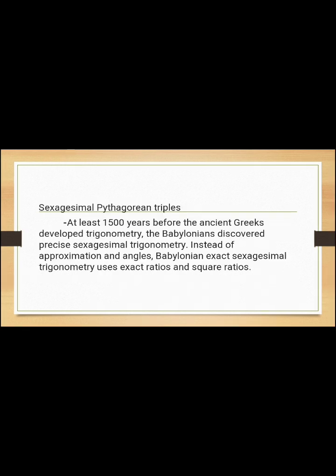And for sexagesimal Pythagorean triples, at least 1,500 years before the ancient Greeks developed trigonometry, the Babylonians discovered precise sexagesimal trigonometry, instead of approximation and angles. Babylonian exact sexagesimal trigonometry uses exact ratios and square roots.